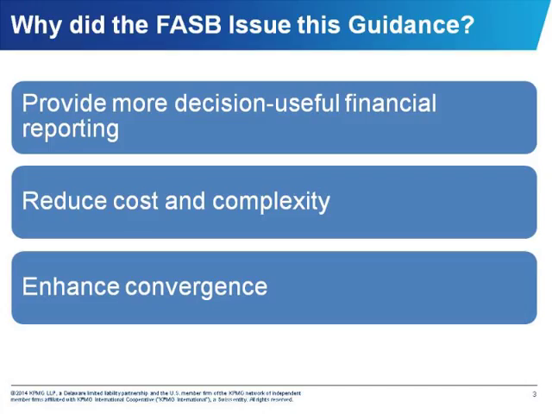The changes also enhance convergence between U.S. GAAP and IFRS. Part of the new definition of discontinued operations is based on the definition of discontinued operations in IFRS 5, which indicates that a discontinued operation should represent a major line of business or geographic area of operation. Yeah, and certainly, although the definitions are similar now between U.S. GAAP and IFRS, there are still some differences.